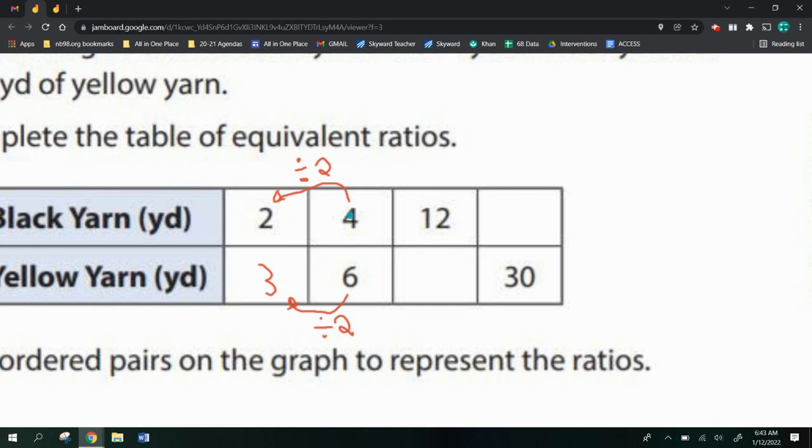Now, usually we always use the starting ratio, but this time I'm going to use the base ratio just to prove to you guys that there are some different ways you can solve this. So I know 4 times 3 gets me 12, but why don't I do 2 times 6 equals 12?